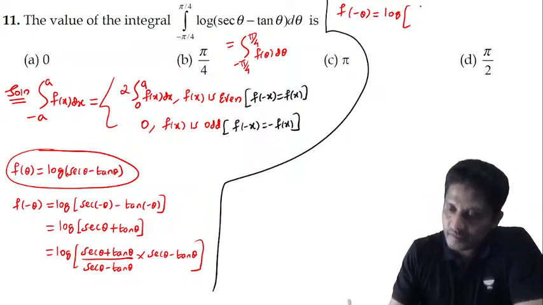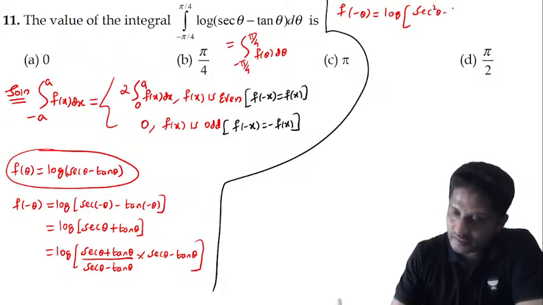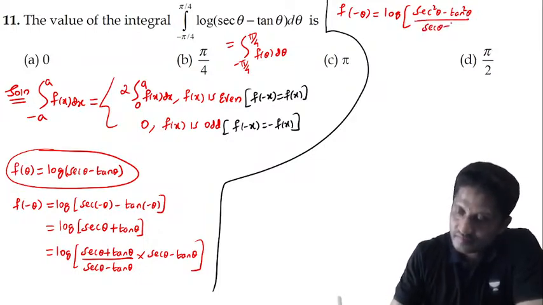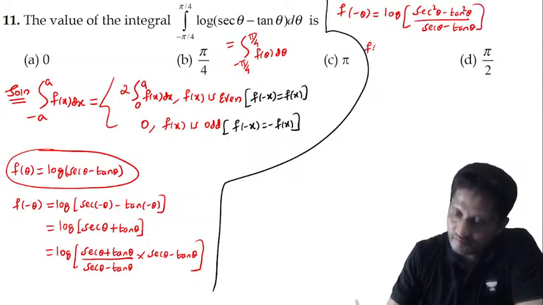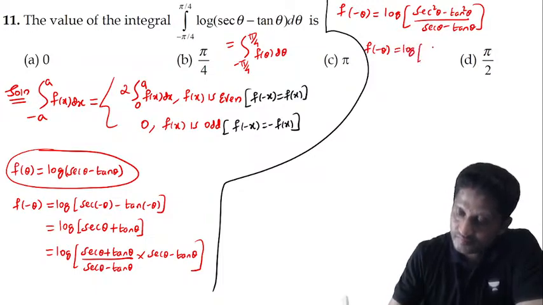This becomes a plus b into a minus b, which is a square minus b square, so sec square minus tan square, upon sec minus tan. Sec square minus tan square will be 1, right? Now f of minus theta will be equal to log of 1 divided by sec minus tan.